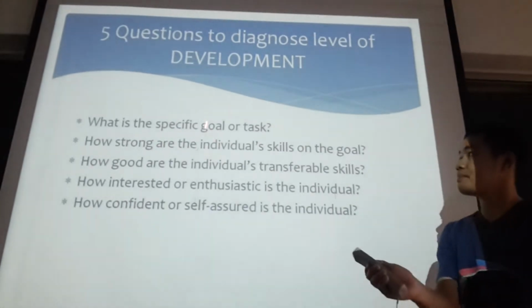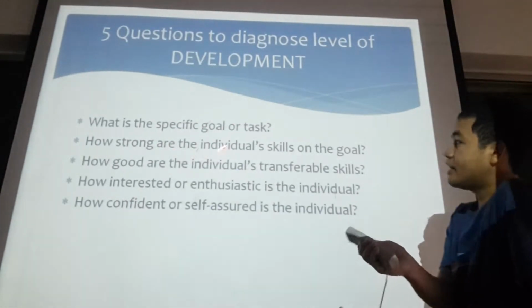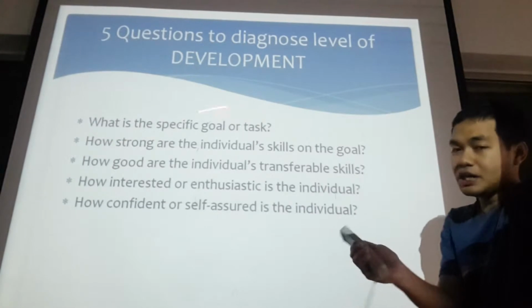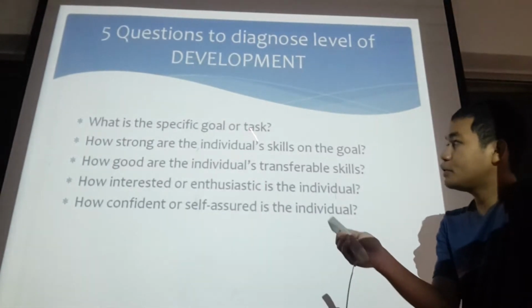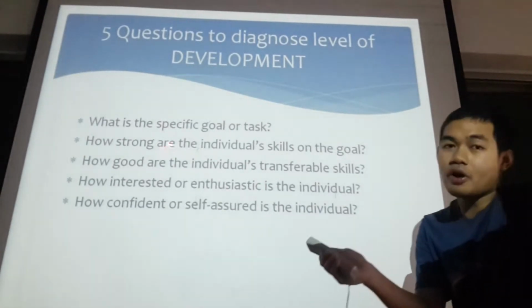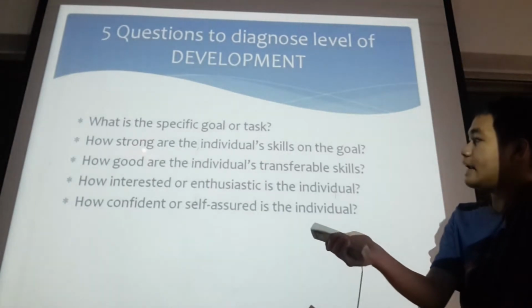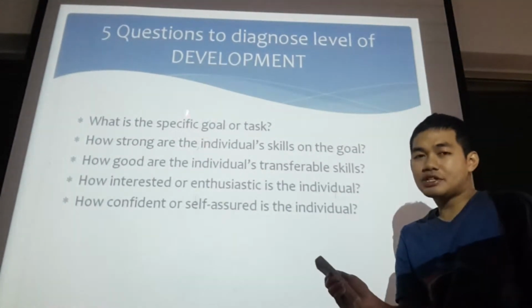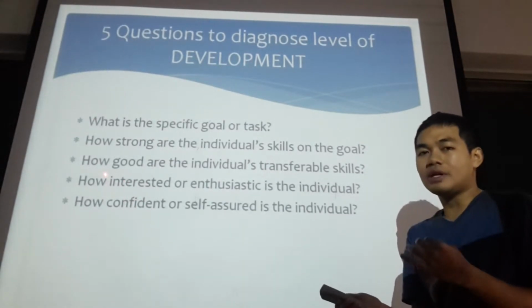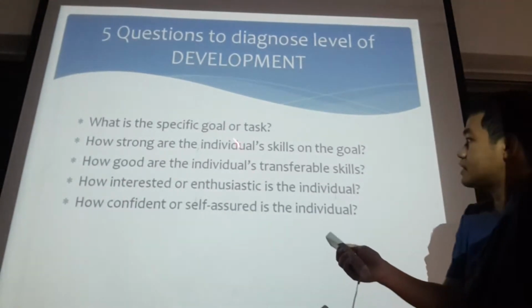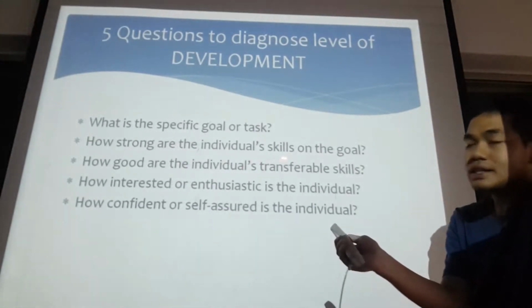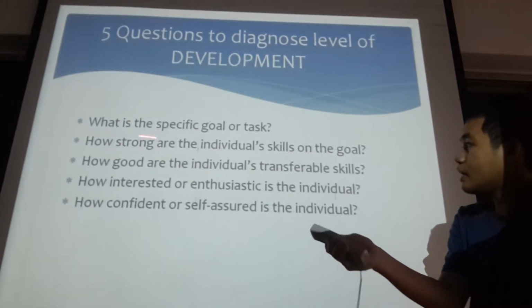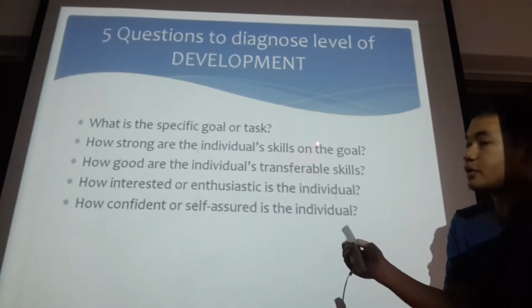First question: what is the specific goal or task? You ask yourself what kind of specific goal you want to reach in your department or organization. And then, how strong are the individual skills on a goal? Firstly, you need to know how is your individuality to achieve this task. And after this, you ask your staff whether they really have strong skill to achieve the goal or not.